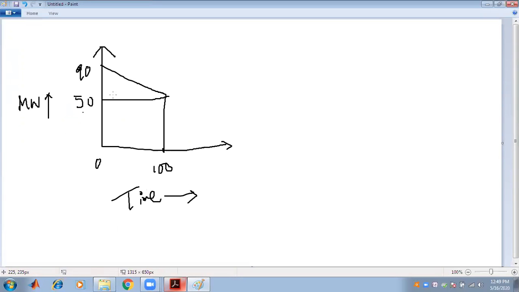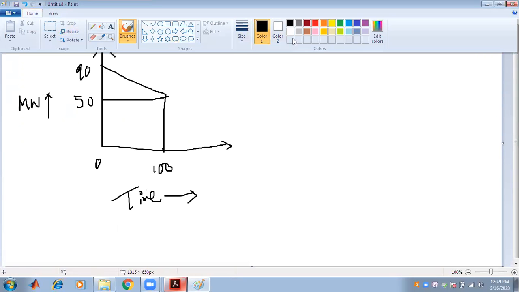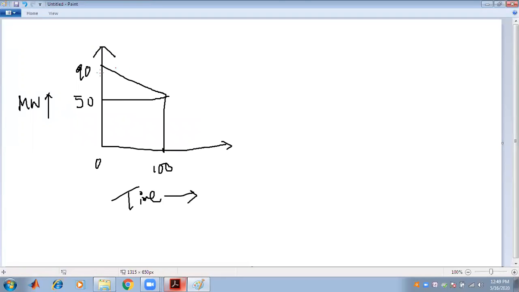Okay. So we have to find the total area under the curve. This area is the area of the triangle and this area is the rectangle.